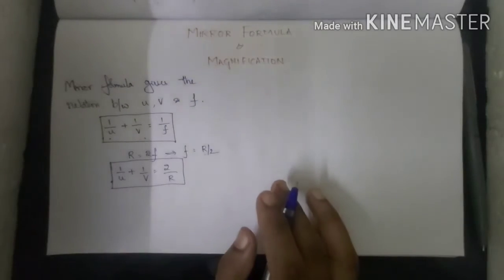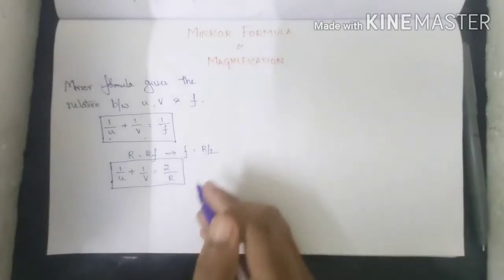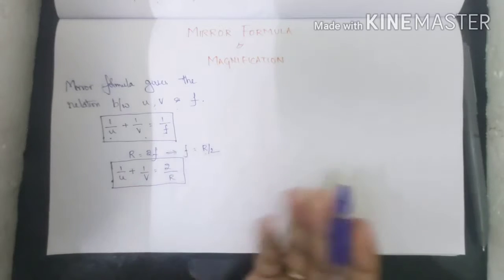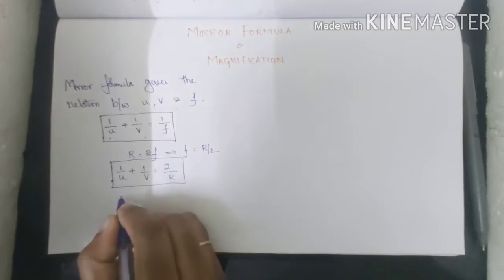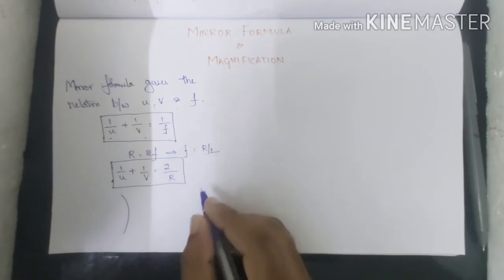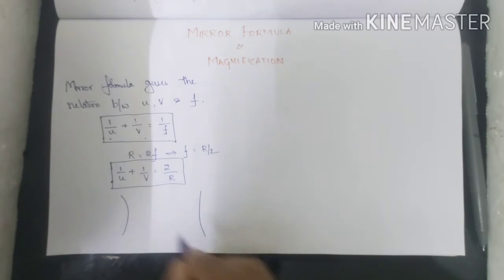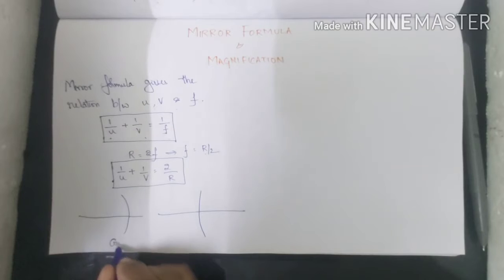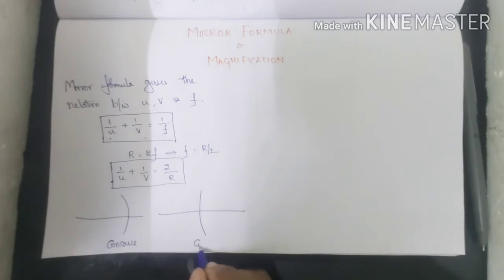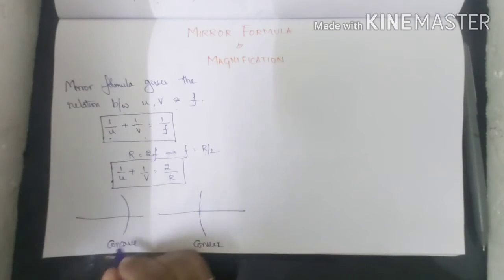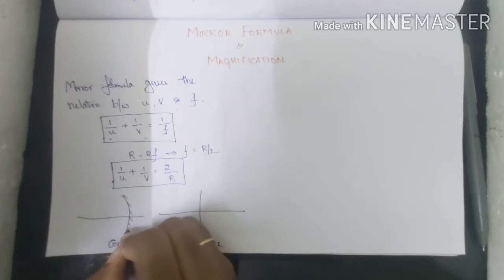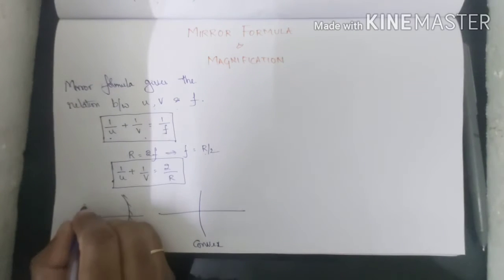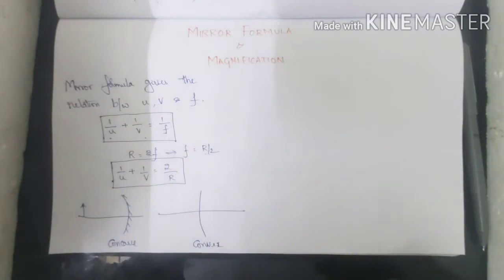Okay, and then we'll see what is f for concave and convex mirror. Let's take concave, convex, principal axis. Okay, concave, now you have your reflecting surface inward. According to sign convention, the object is always placed to the left.